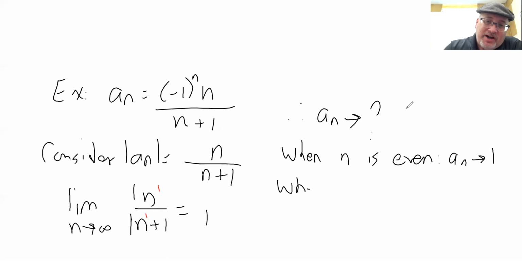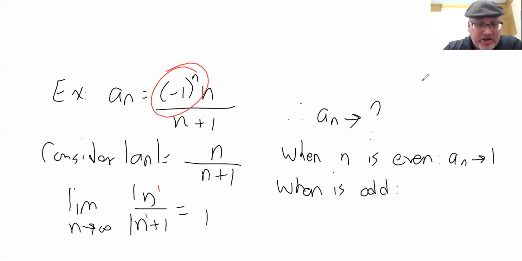But when n is odd, what happens to the alternator? It becomes -1. So it approaches 1 with a negative, and so a_n approaches -1. And so by using that subsequence theorem that we talked about before, you have two subsequences that go to different places. The original sequence diverges by oscillation.